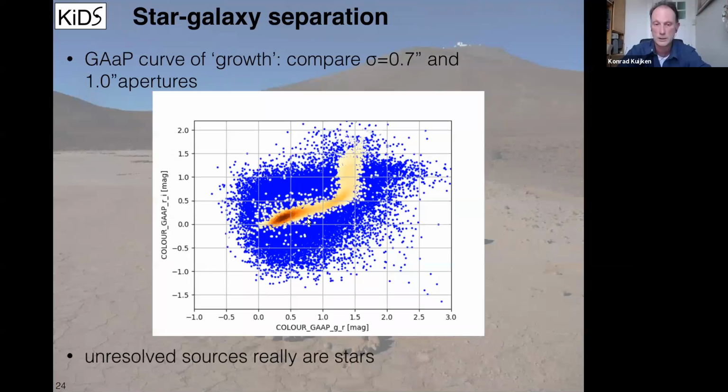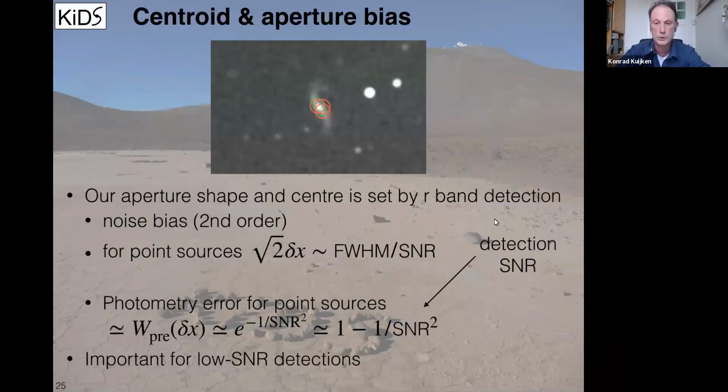So I think this is a nice way, and we will try to formalize this in terms of a chi-squared statistic or something. It's a nice way to get extra information on star galaxy separation, purely morphologically, and of course for every star you have 9 bands, so you can get a lot more information as well. So that was just an unexpected benefit.